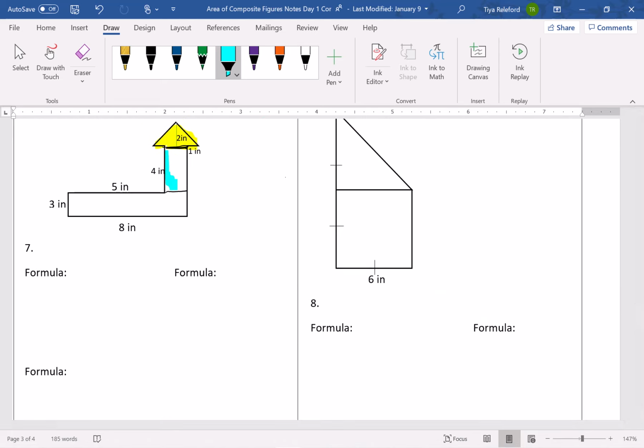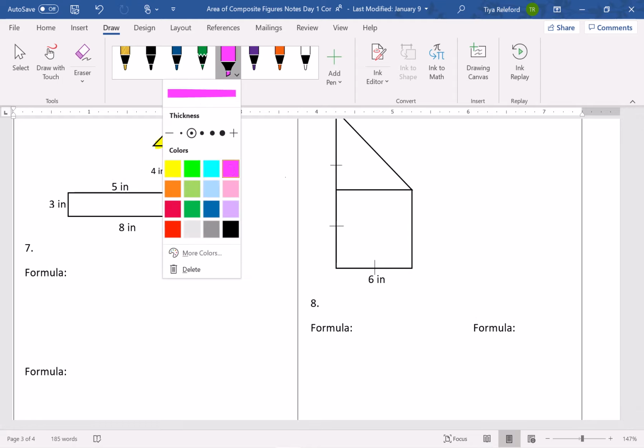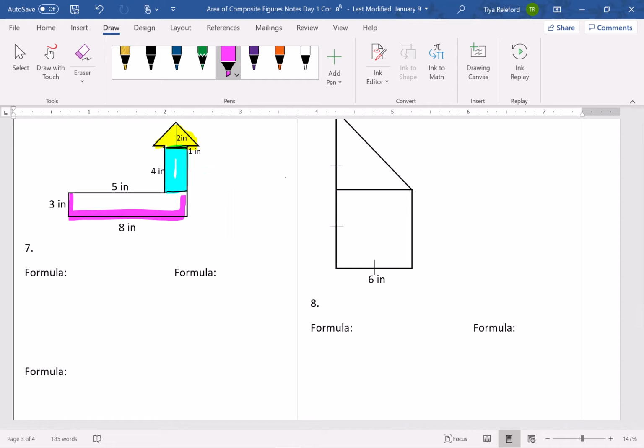I have a rectangle here, and I have a rectangle here. So that's 3 different formulas. So I'm going to need my triangle formula.